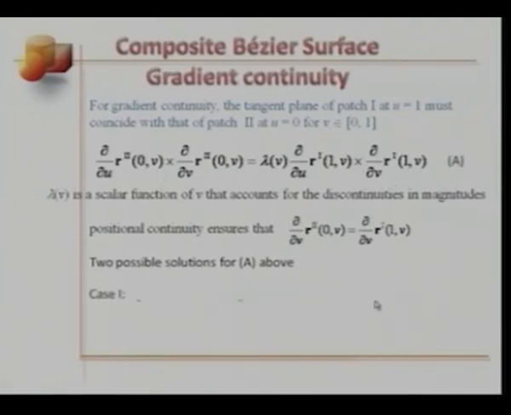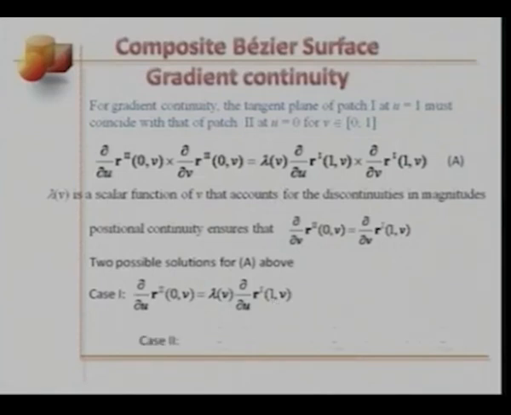Case 1. The first derivative of the second patch with respect to u at u equals 0 is equal to lambda of v times the first derivative of patch 1 with respect to u for u equals 1.